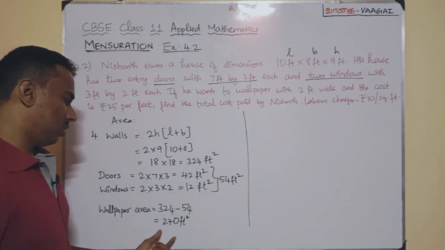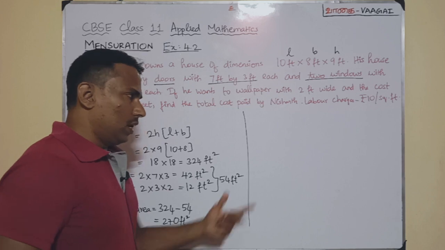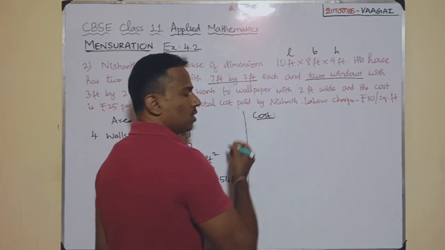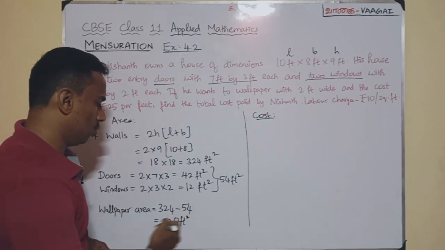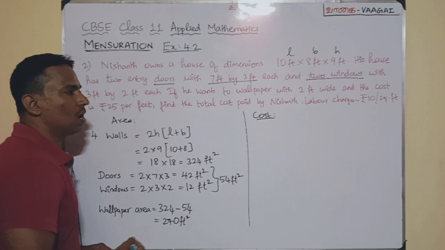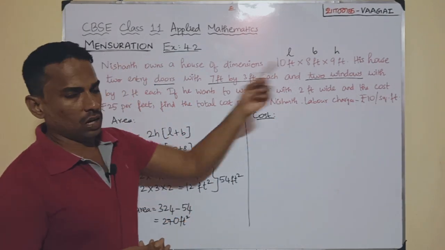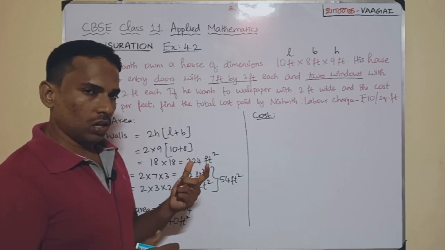For this area only, he is going to do the wallpapering work. Now the next part, we will calculate the cost, how much cost will be required to wallpaper this particular area. For wallpapering also, the information is given in the question itself. So let's now concentrate on the wallpapering cost.